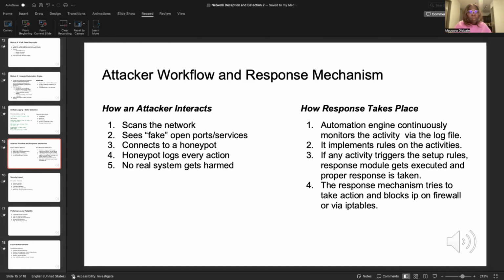Step three, the moment something matches one of our alert rules, the response system is automatically triggered. There's no waiting for a human to notice. It reacts instantly. And step four, the response mechanism takes action right away. So it blocks that attacker's IP address on the firewall, or if needed, adds them to our IP block list. The attacker gets cut off immediately.